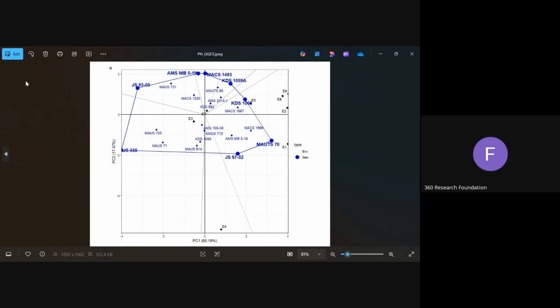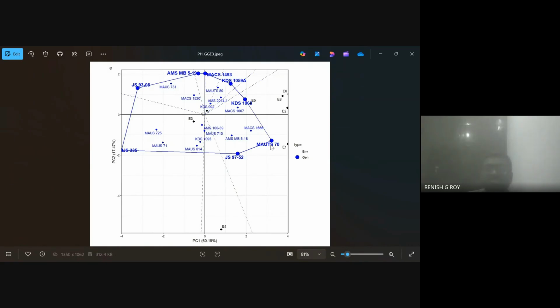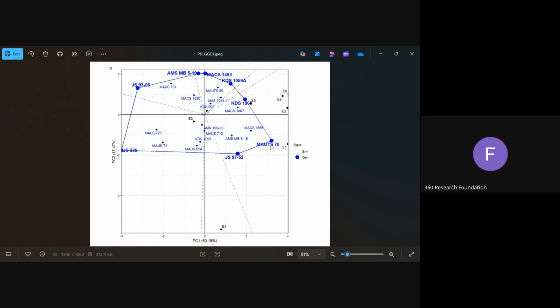How many genotypes are there? 9305, 335, 9705, 9752, then 1068 and then 1059. 8 genotypes total, sir. Okay. So this view is called the polygon view.